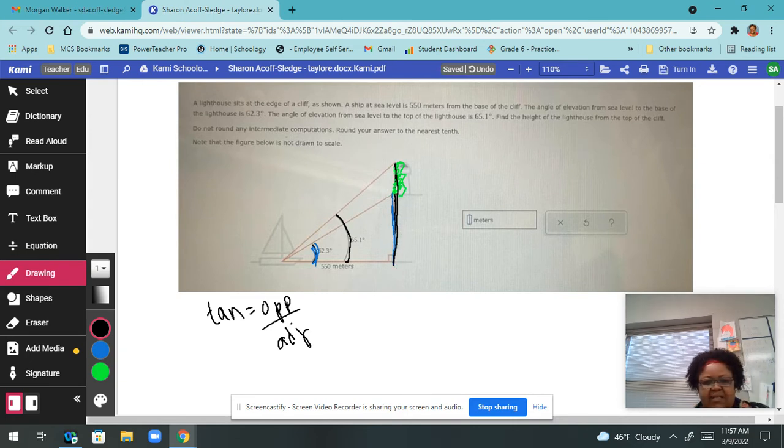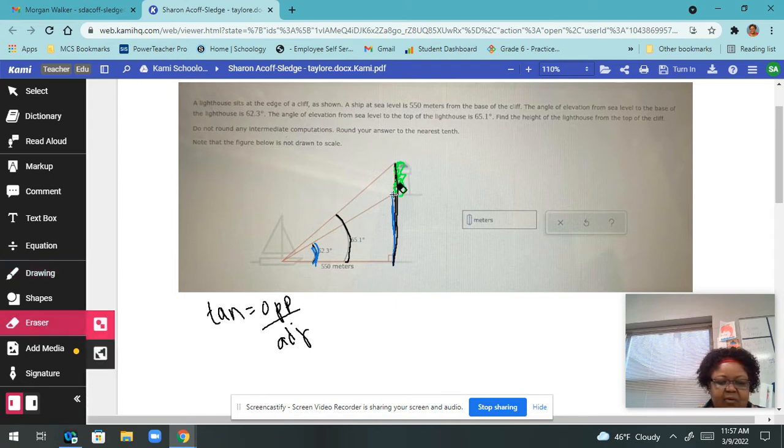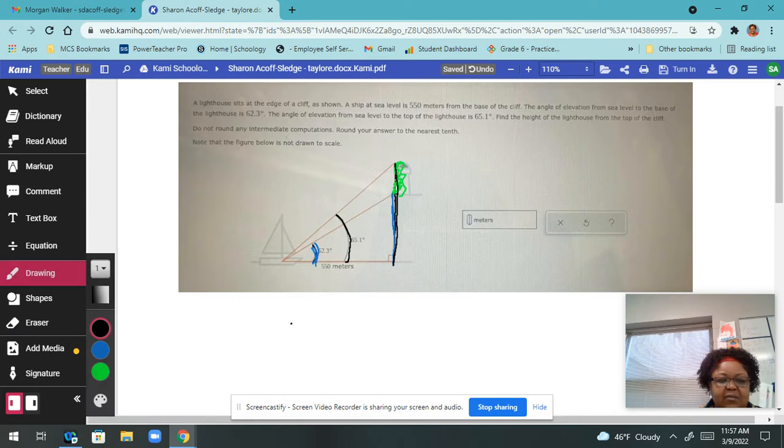So I'm going to use tangent, and it said do not round any intermediate computations and round your answer to the nearest tenth. So I'm going to remember tan is opposite over adjacent. I'm just going to write mine like it is.